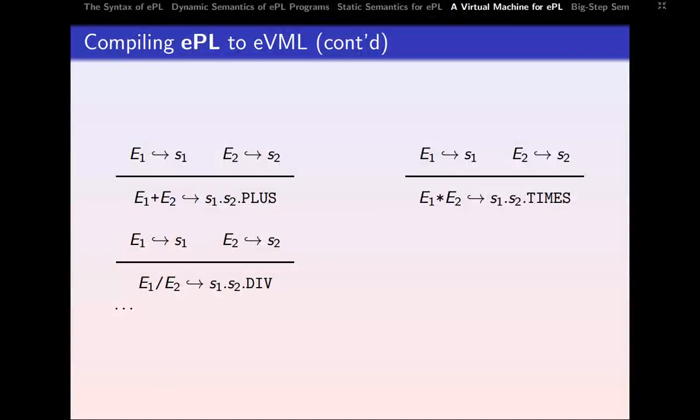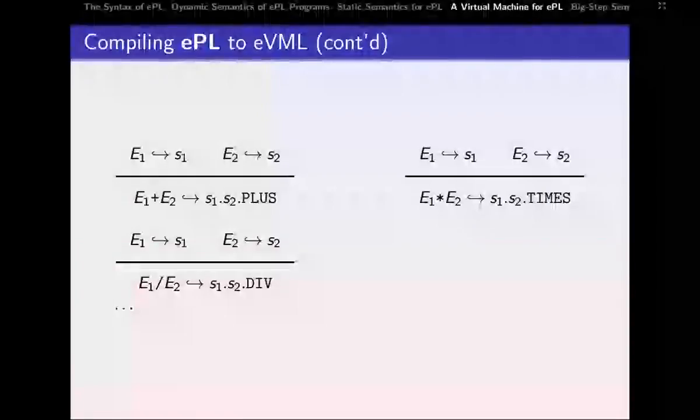So let's take the case of plus, right? So if E1 translates into S1, and E2 translates into S2, E1 plus E2 should translate into S1 followed by S2 followed by plus.